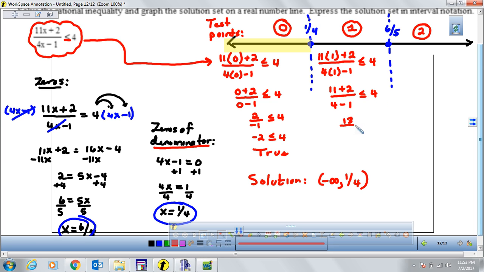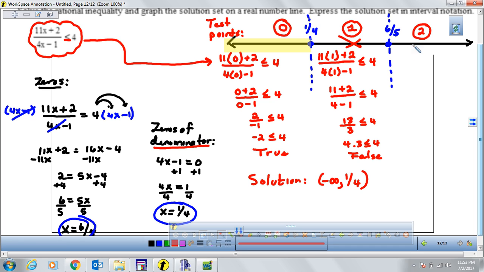So 13 divided by 3 is going to be 4.3. Is that less than or equal to 4, true or false? That is a false statement. So what does this tell us? That any number between 1/4 and 6/5 is not a solution of the original inequality because it's going to make it false.